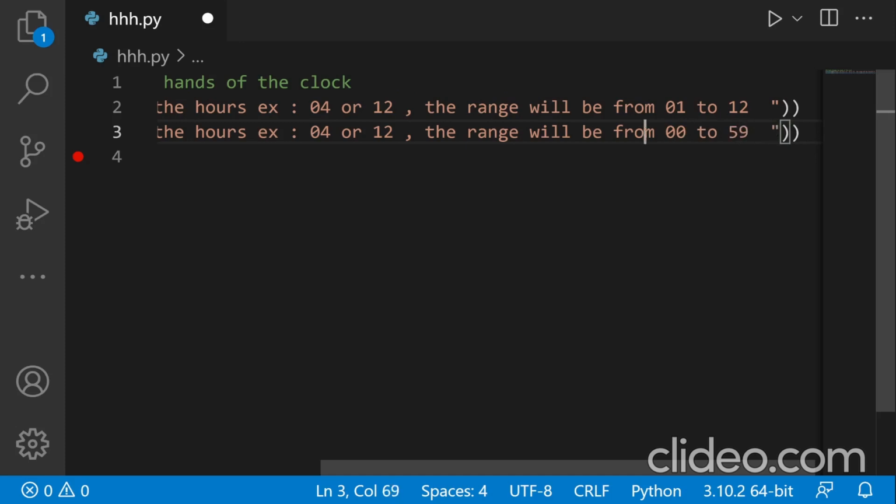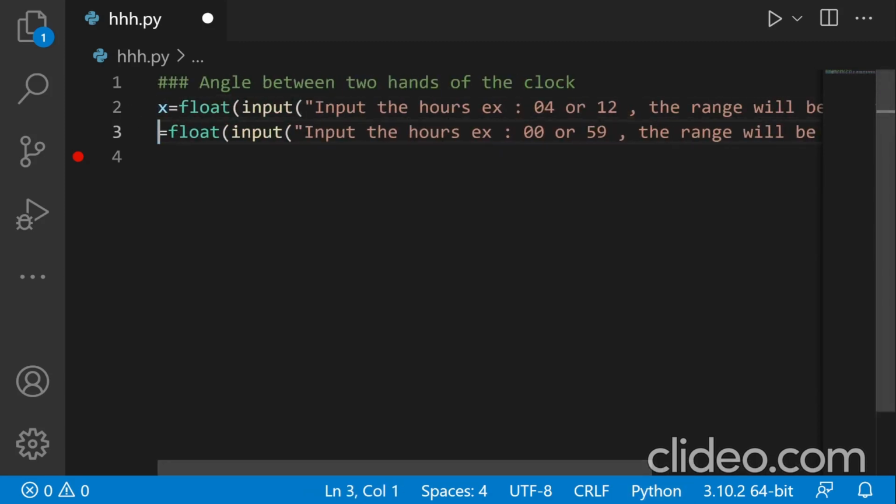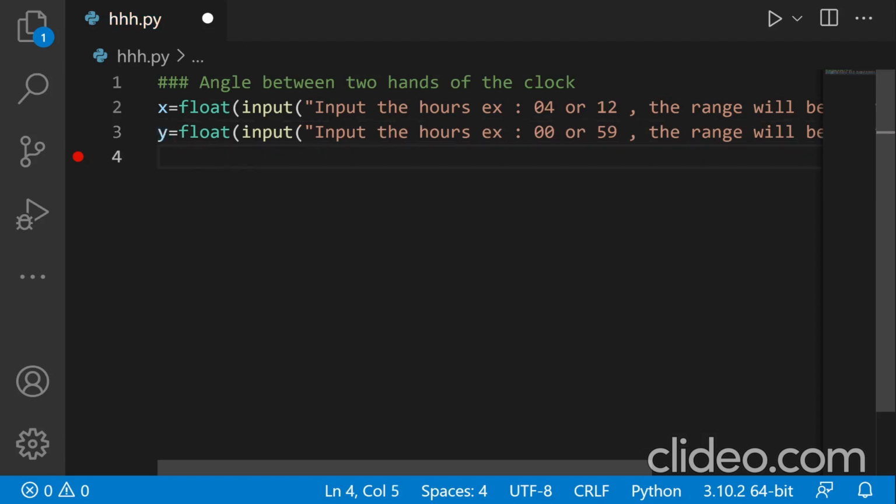You need to describe this. Example could be 00 or 59. And let's change this x to y. So we have got the input in terms of number of hours and number of minutes.